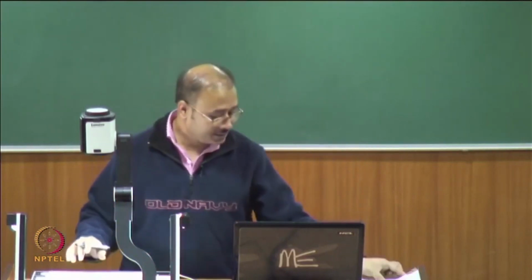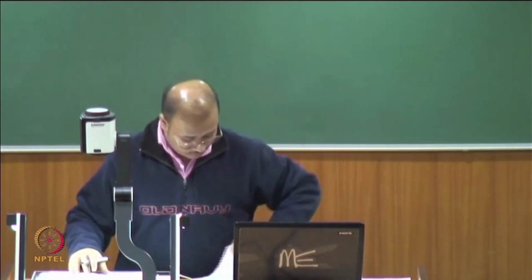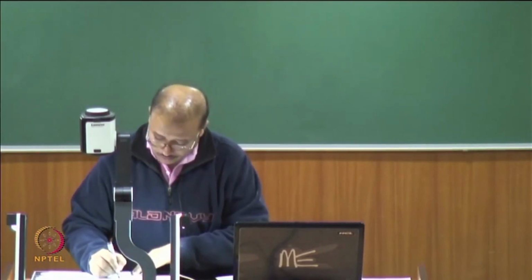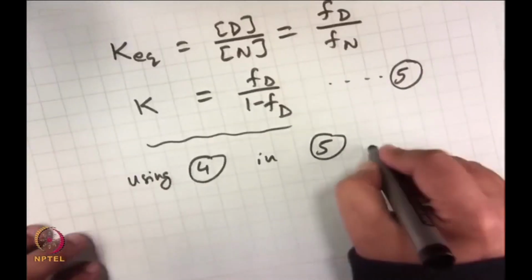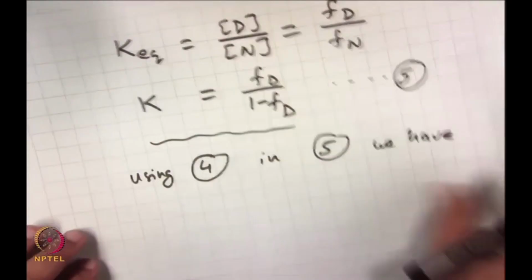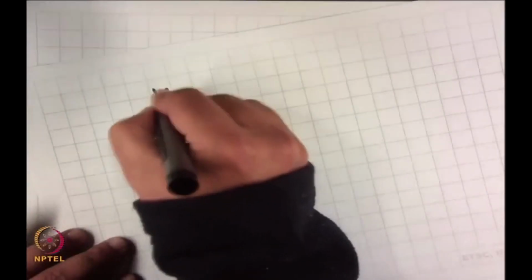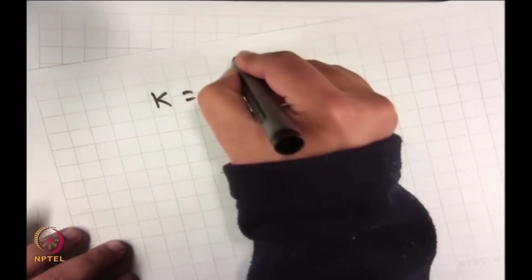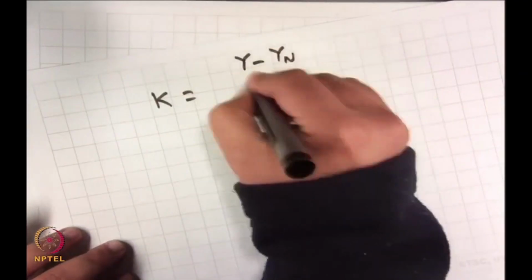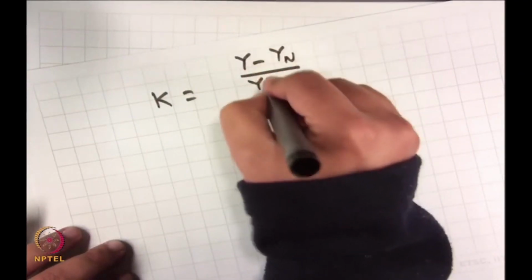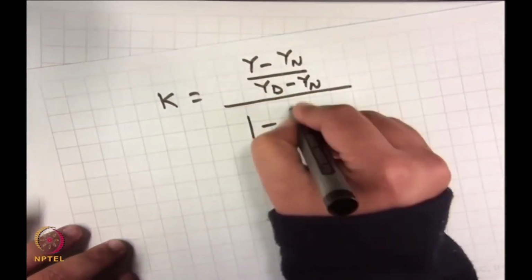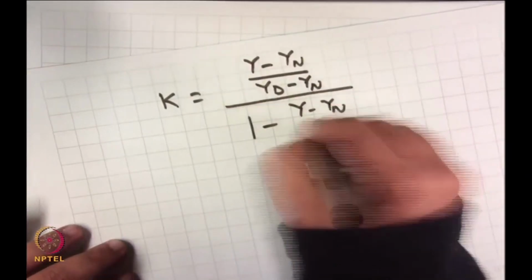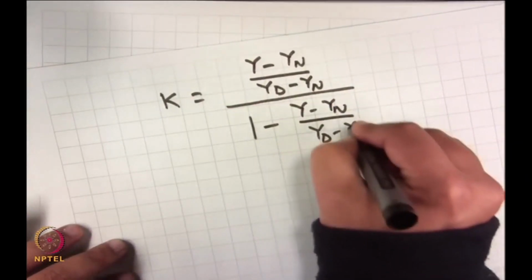So then let us write that down. So what I can write is, using equation 4 in 5, we have K is equal to f of d, which is given by (y minus y of n) over (y of d minus y of n), divided by 1 minus (y minus y of n) over (y of d minus y of n).